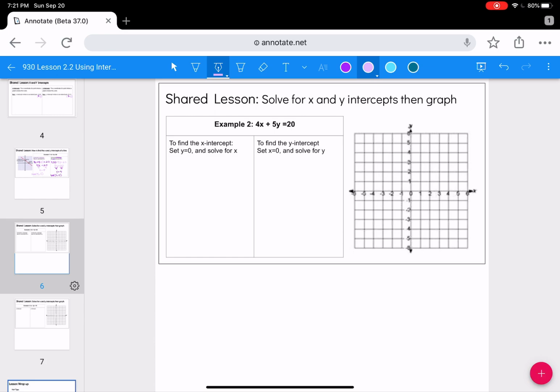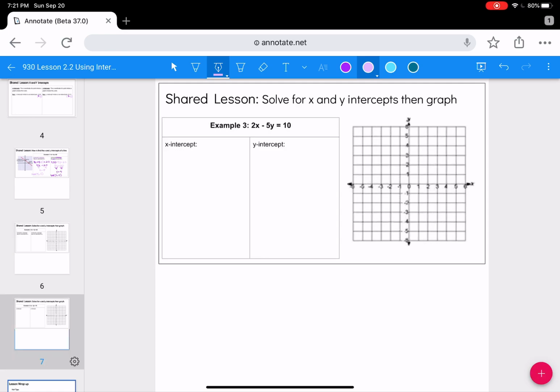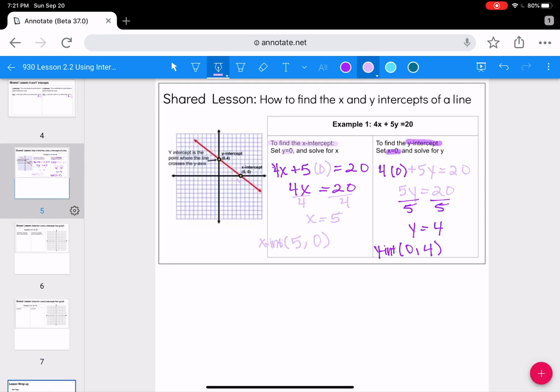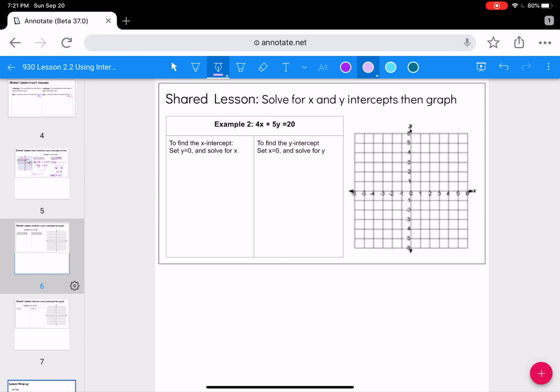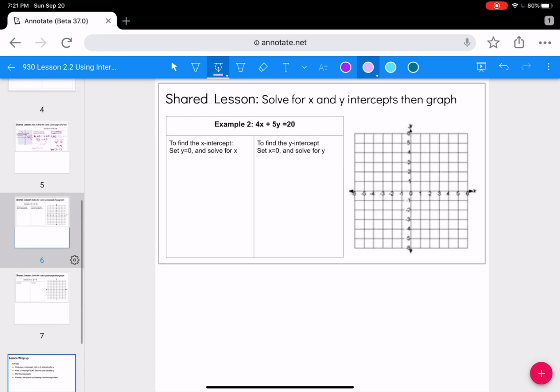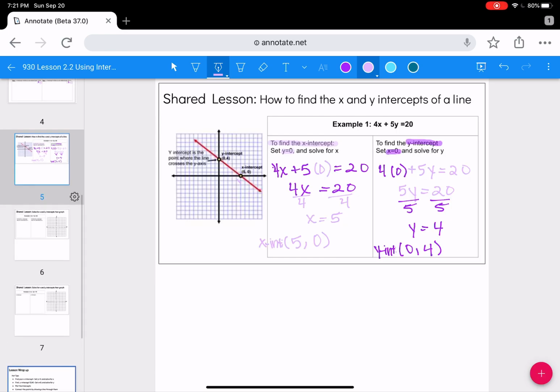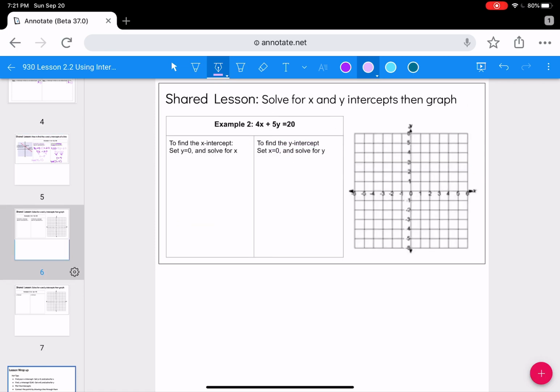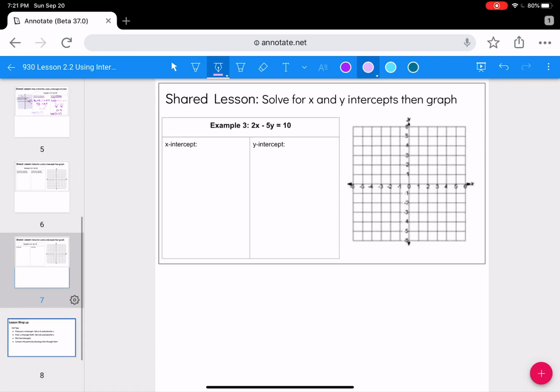So we have 4x plus 5y is equal to 20. We just did this example up above, so I'm going to skip this one here. I'm going to head to the second example.